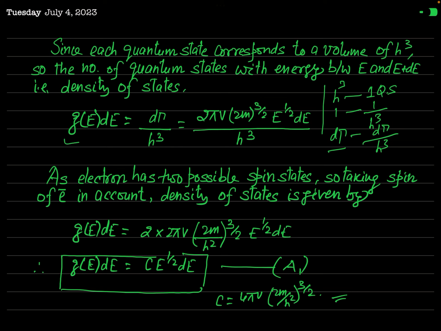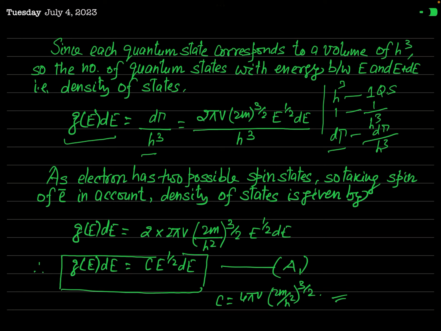So you can say that the density of states G of E dE is equal to d gamma over h cube. Now let us substitute the value of d gamma. This is 2 pi V (2m) to the power 3 by 2 E to the power half dE divided by h cube. So this is the value of the density of states.